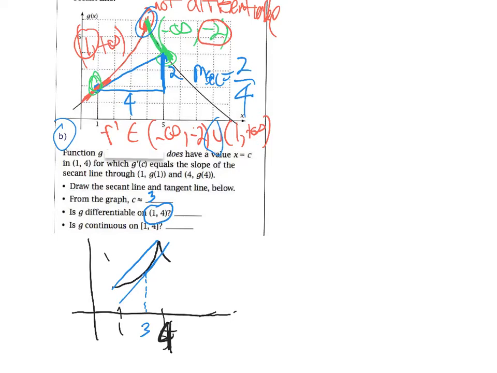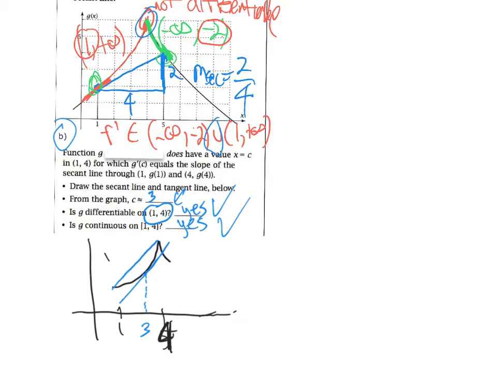Remember, that's an open interval. So is it differentiable up to and not including 4? And yes, it is. It's just not differentiable at 4. And it's definitely continuous. So it meets the criteria for the mean value theorem. You just can't go across a point where it's not differentiable.